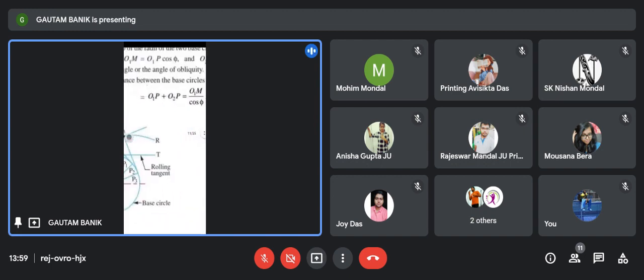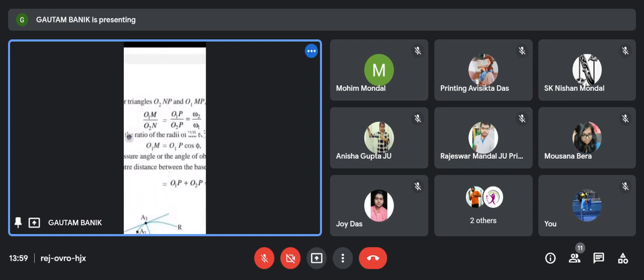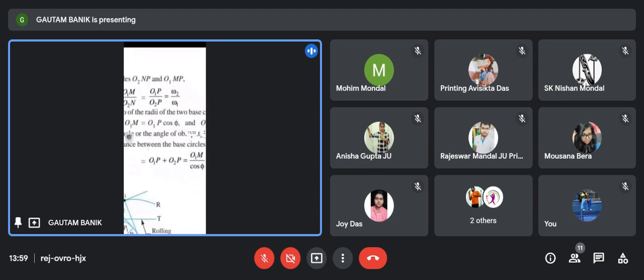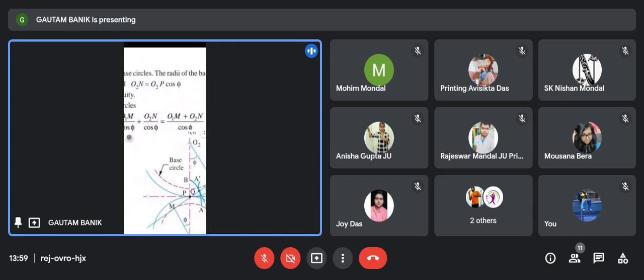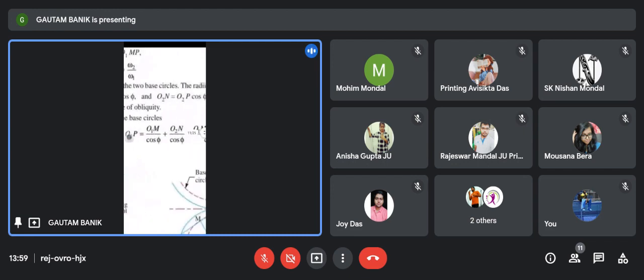Now here, geometrically, it is showing the similar triangles. Comparing these triangles, the center distance O1P plus O2P is equal to, geometrically, O1M by cos phi plus O2N by cos phi.